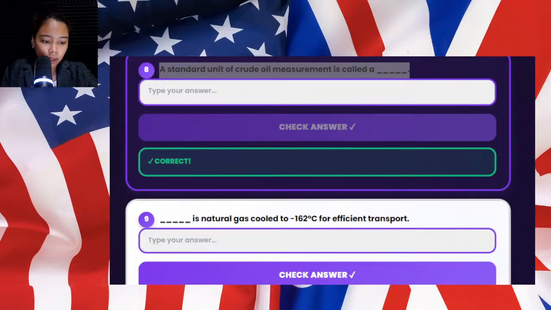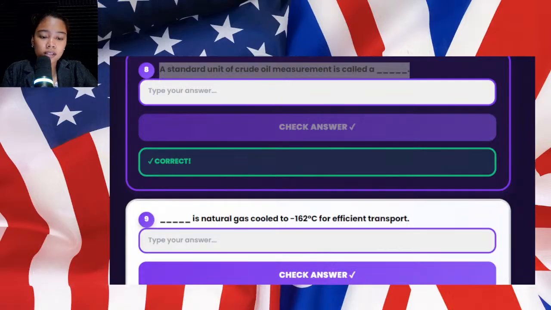So when we say a barrel of oil, remember the standard unit of measurement for crude oil is equal to how many US gallons? There are 42 US gallons or 159 liters. So that is the standard unit for crude oil. So a barrel of oil is what it is called.